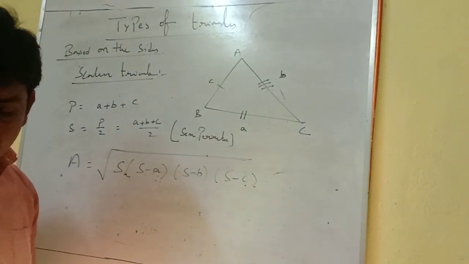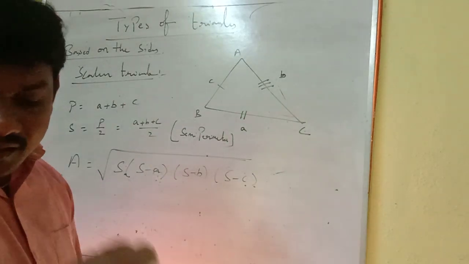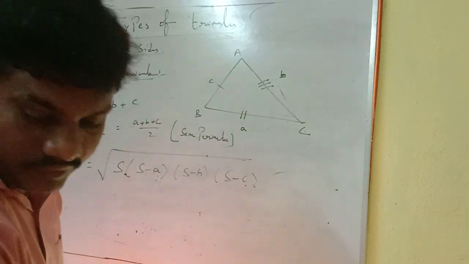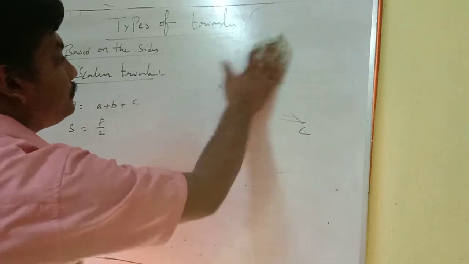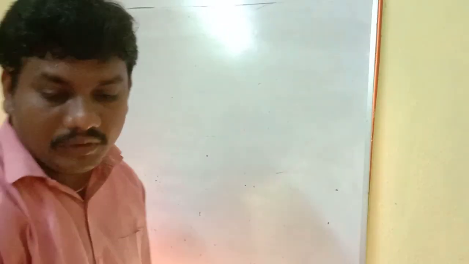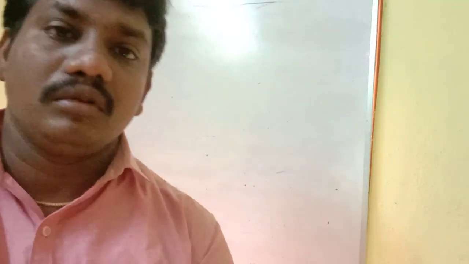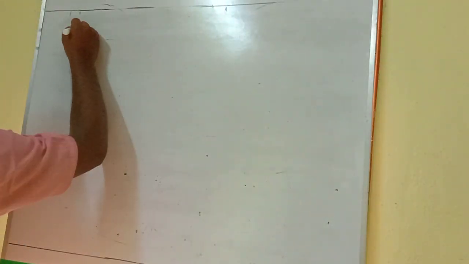So now the next property, the angle sum property. Now we are going to discuss only two properties of triangles: the first one is the angle sum property and the second is the exterior angle property.